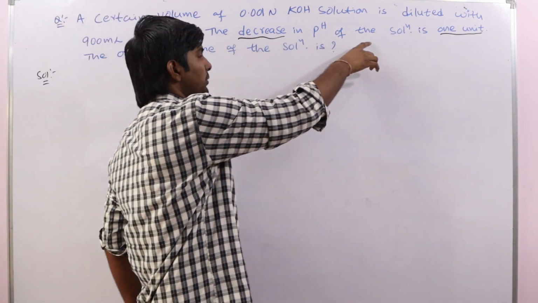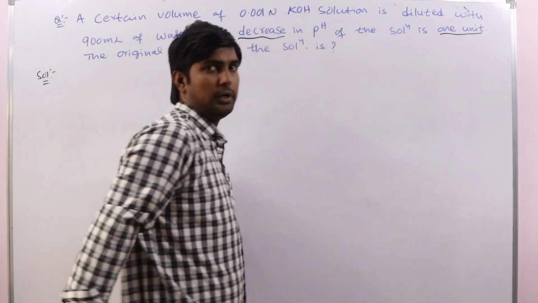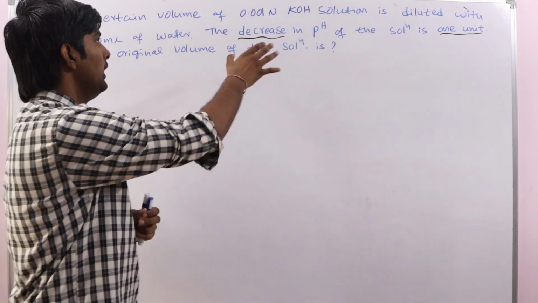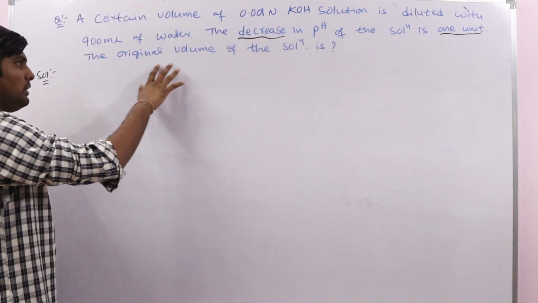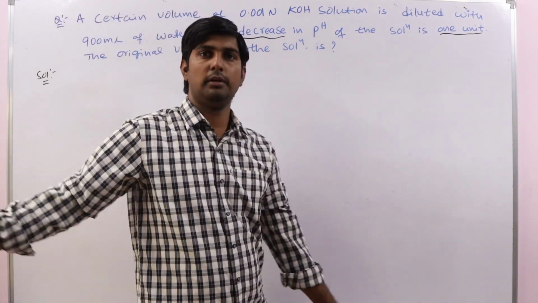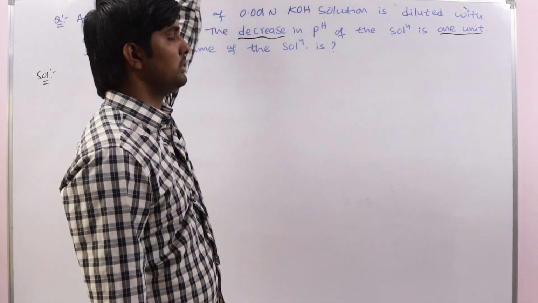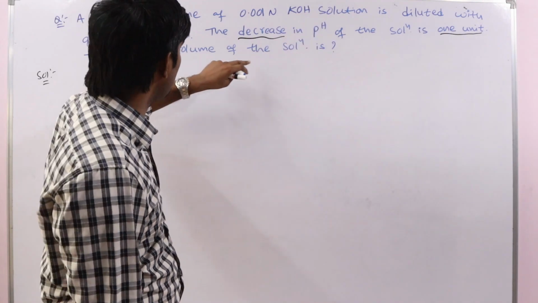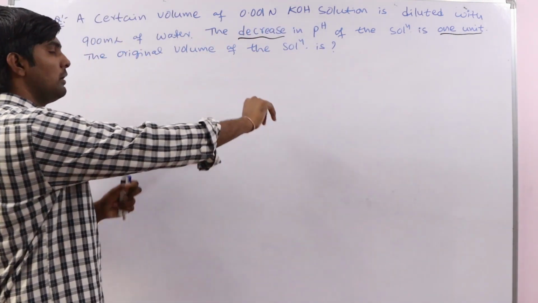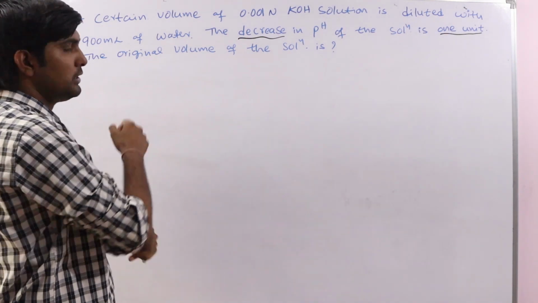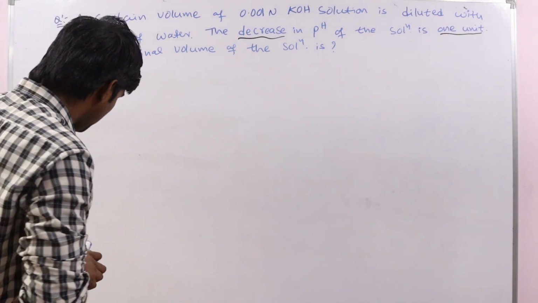The decrease in pH of the solution is 1 unit. So after dilution, the pH decreases by 1 unit. What is the original volume of the solution? A basic solution is given and it is diluted, and after dilution pH decreases by 1 unit, and they are asking you to find the original volume of the solution.